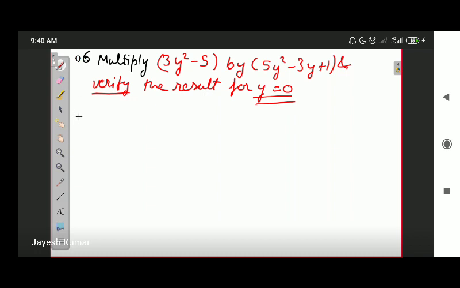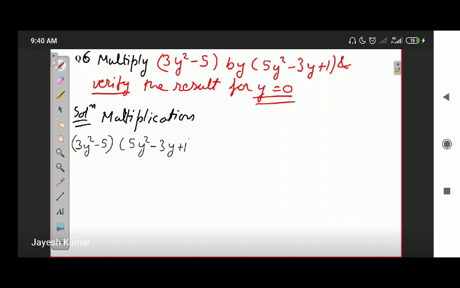First of all, we will do the multiplication part. For the multiplication part, we have 3y square minus 5, to be multiplied with 5y square minus 3y plus 1.